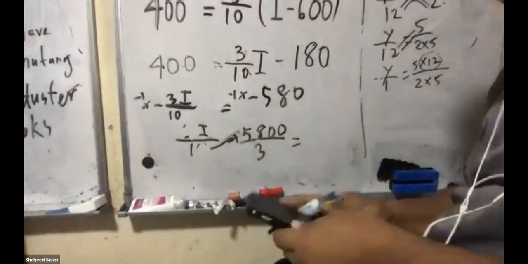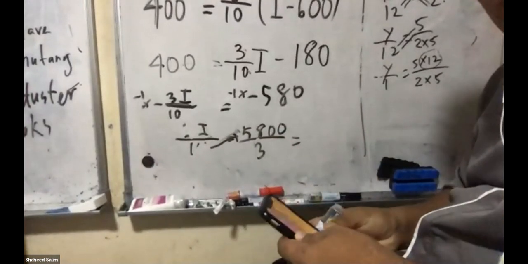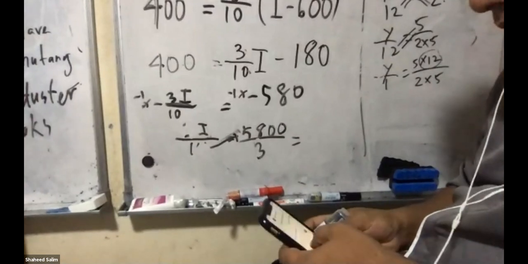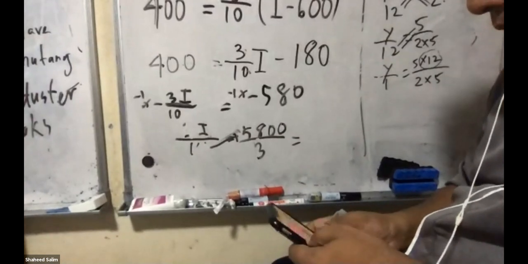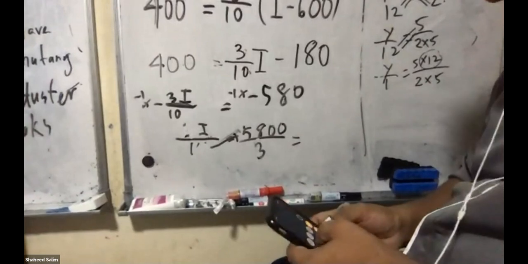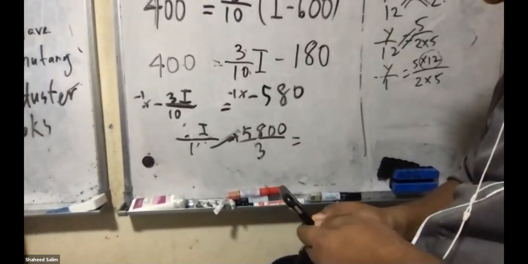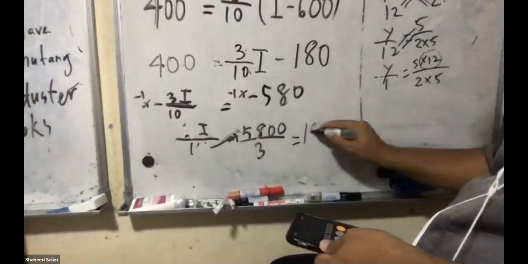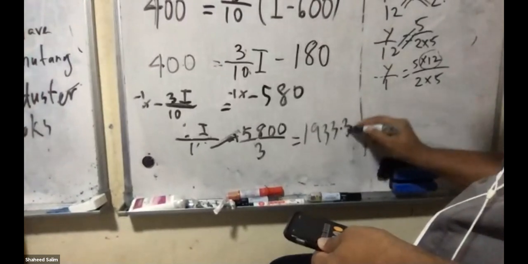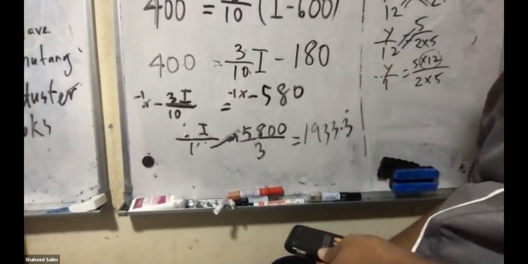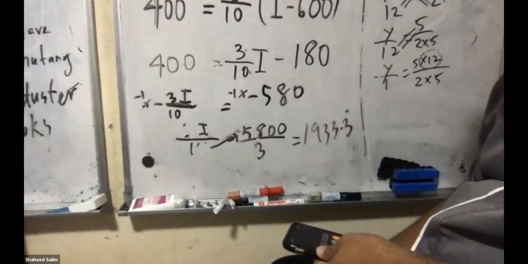Hold on now. Do you get this? You got this, huh? Or you did not get this? Five eight divided by 3. 1933.3. Put the dot above something like that. You got it right? Do you get it, Emma?